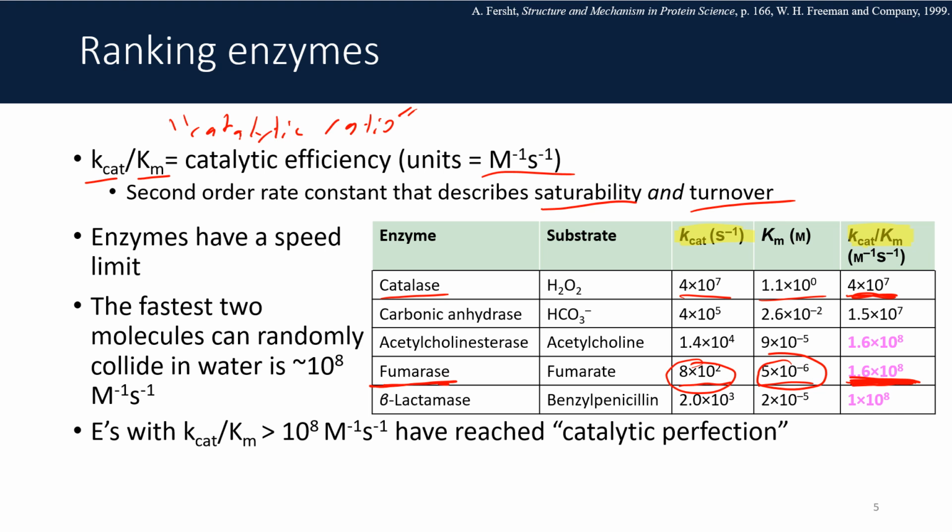There seems to be an upper limit. Enzyme efficiency tends to max out at around 10 to the power of 8. You can see here we've got 3 different enzymes that act on 3 different substrates with very different Kms, very different kcats, but they all work out to be roughly the same, which I've highlighted in magenta. Enzymes have a speed limit.